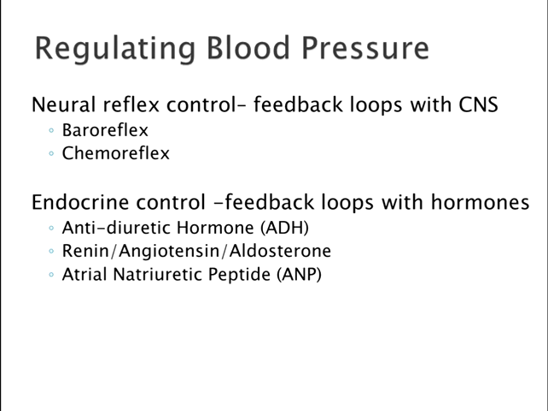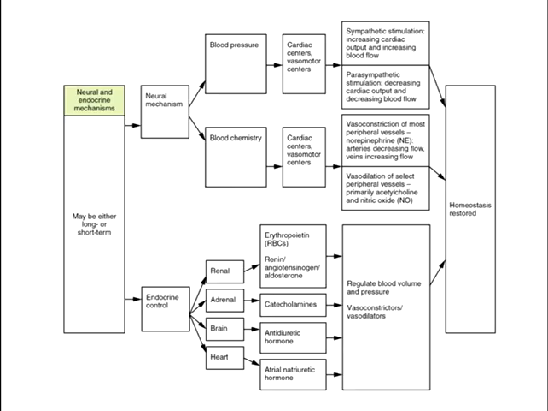So we started talking in class about the different reflexes for regulating blood pressure. And we started to go through this here, which I still think is important. And if you can understand what's happening in this flow chart, you will be well on your way.